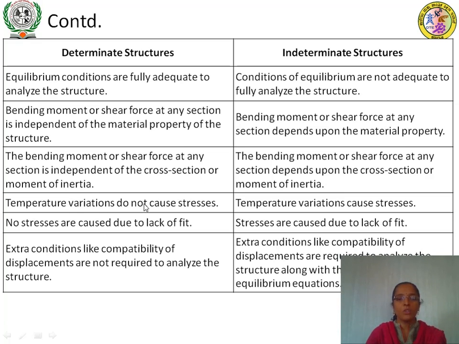In determinate structures, temperature variations do not cause stresses, whereas in indeterminate structures, temperature variations do cause stresses. Also, no stresses are caused due to lack of fit in determinate structures, whereas stresses are caused due to lack of fit in indeterminate structures. Lack of fit means either a member will be shortened by a certain length, or it may be longer by a certain length.